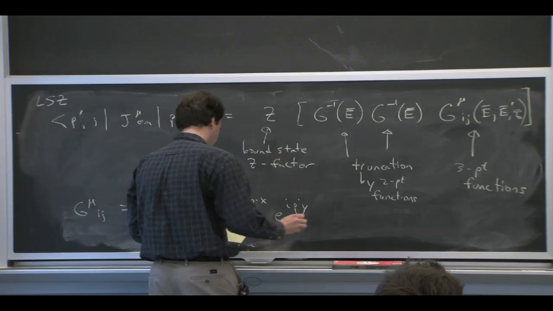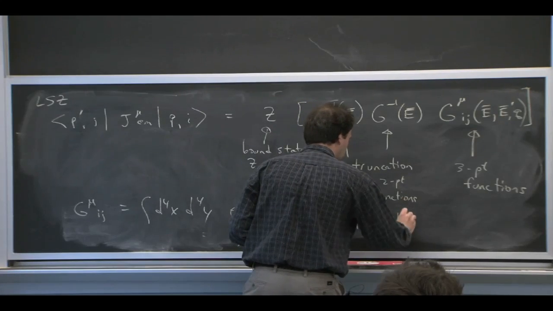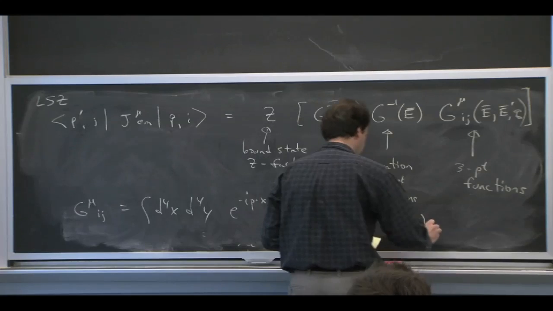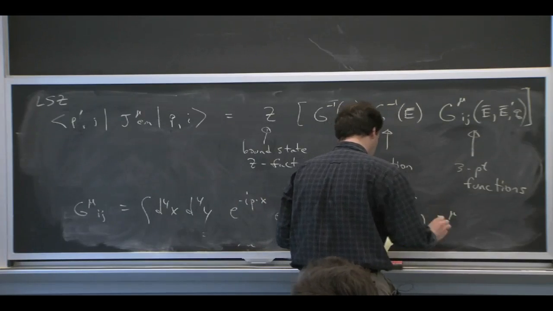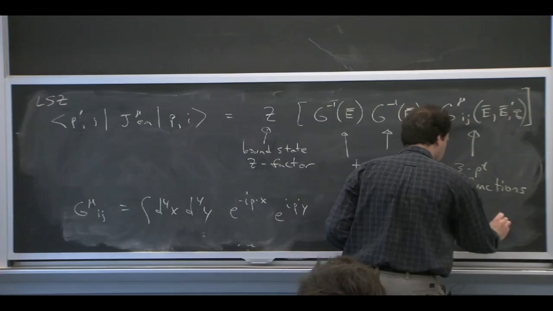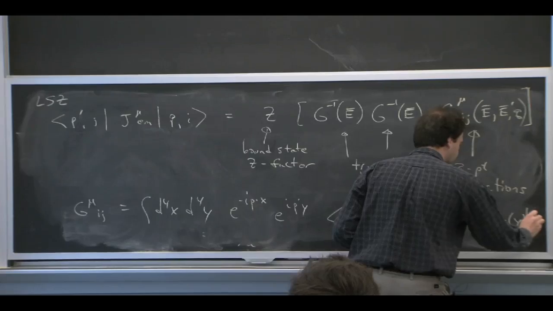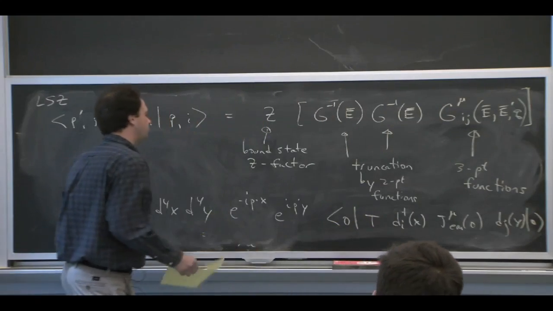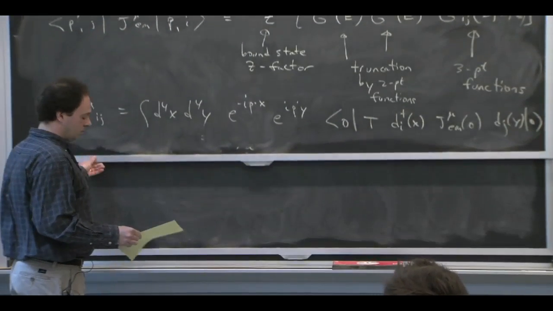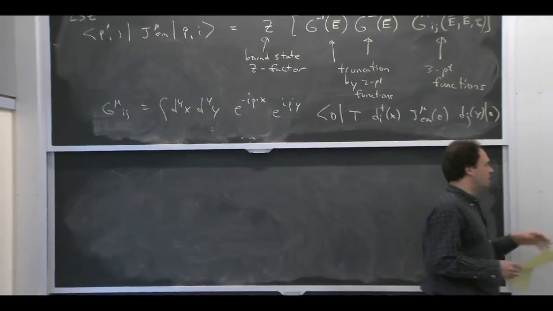It's a time order product of 3 things. So the 2-point function we already defined, it was just a time order product of the 2 deuteron fields. And the 3-point function has an additional electromagnetic current, which we would formulate, all the couplings here, this way that I was talking about over there.